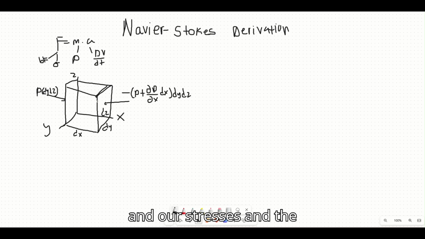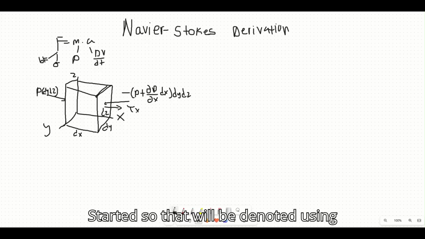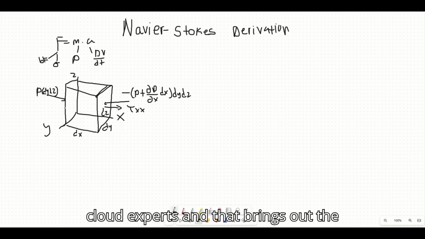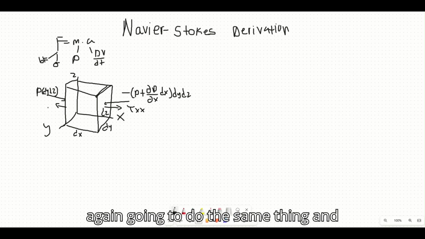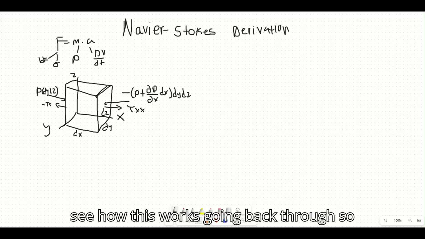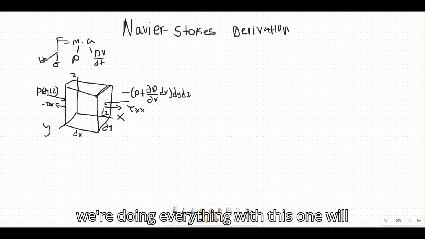Alright, so that's pressure. And for our stresses in the x direction, we're going to have a viscous normal stress. Now, this is not pressure, this is another normal stress which arises from viscosity. So that will be denoted using tau xx, and it points normal to our surface. We're again going to do the same thing, and see how this one's going backwards, so we'll denote it negative.